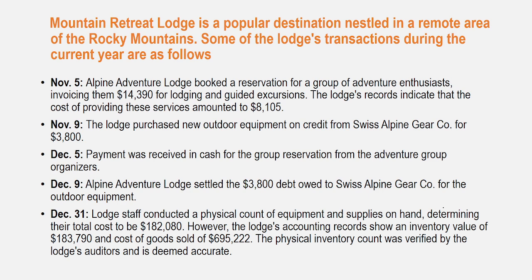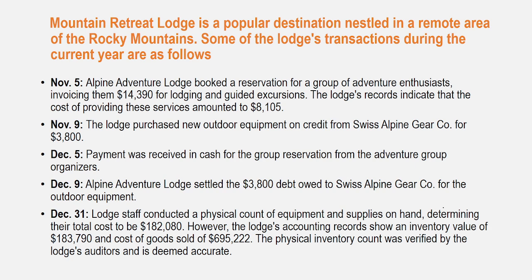Okay, in general overview, we want to start with November 5, when Alpine Adventure Lodge booked a reservation for adventure enthusiasts. The invoice amount of $14,390 for lodging and guided excursions, and the cost of services provided is $8,105.